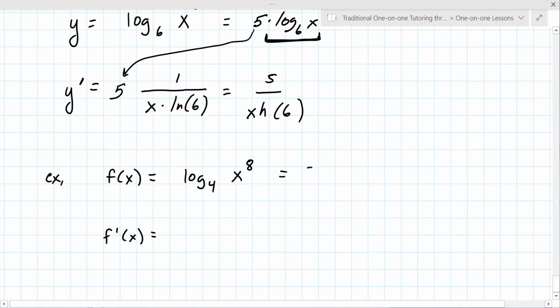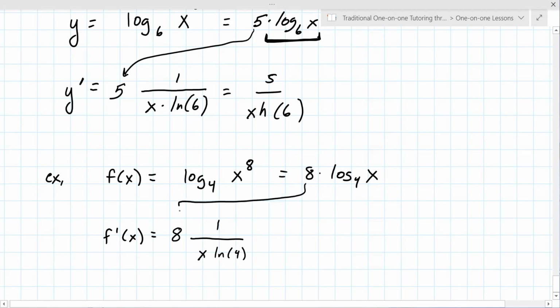Yeah, the original is 8 times log base 4 of x. Then it's going to be 1 over x times ln 4. But this 8, what about this 8? See how it has to come along?